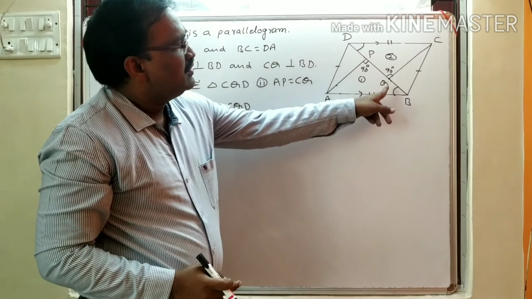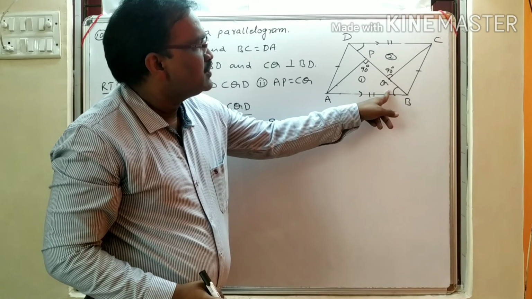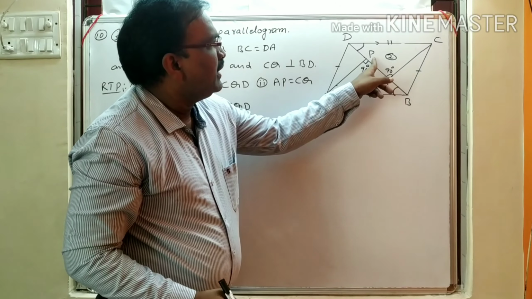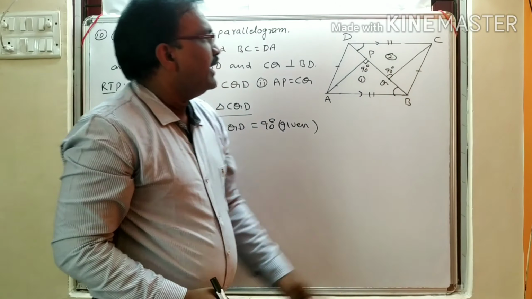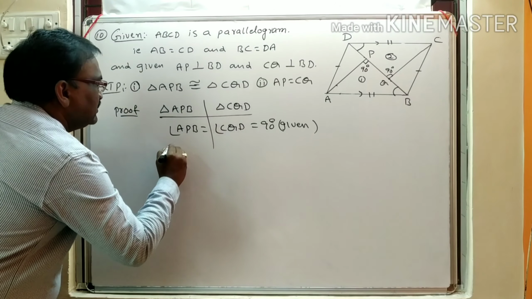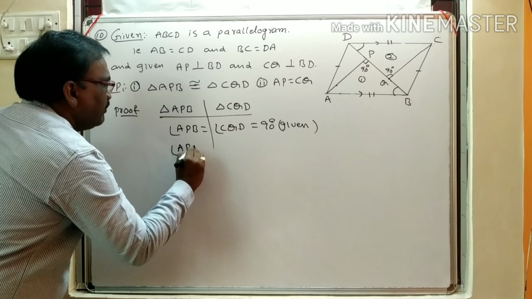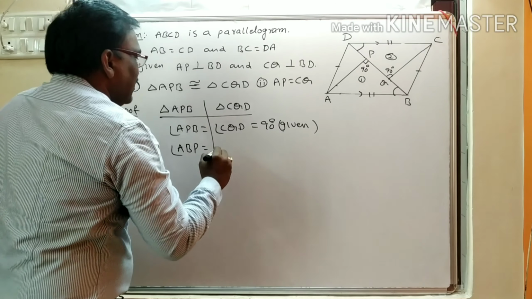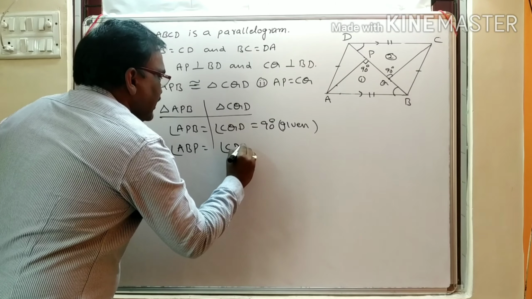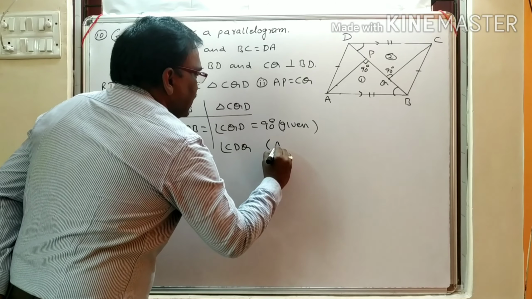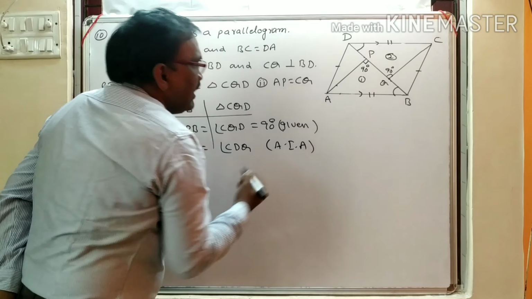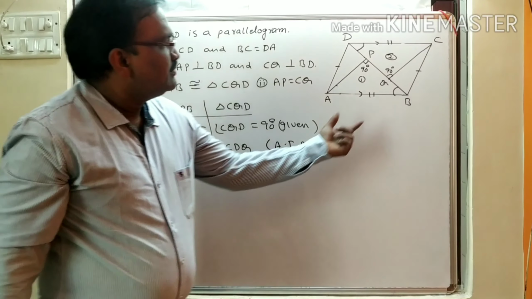So alternate interior angles are equal. So angle ABP is equal to angle CDQ. Alternate interior angles.